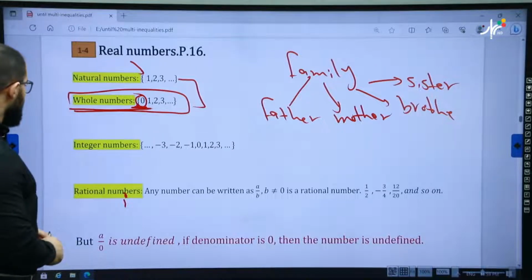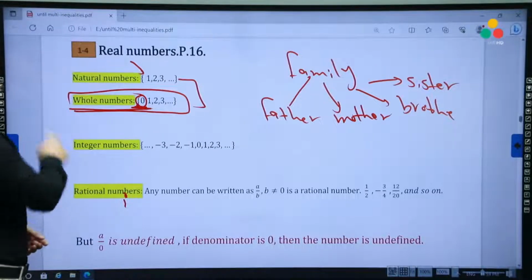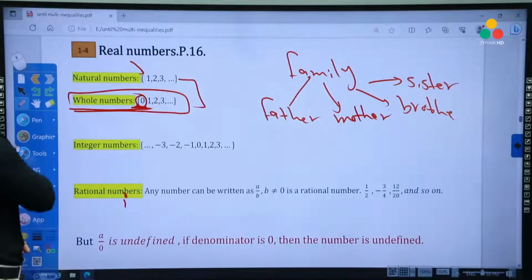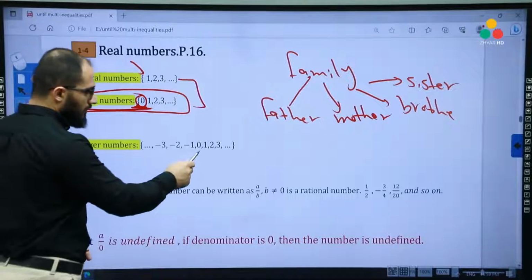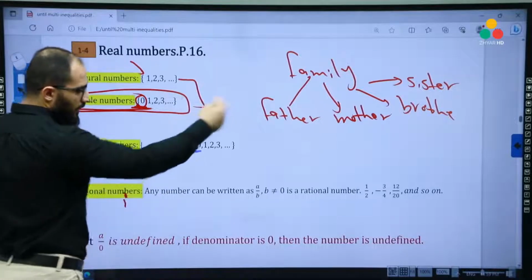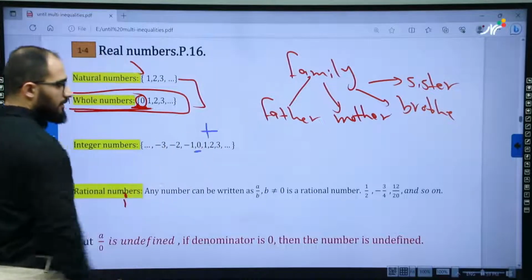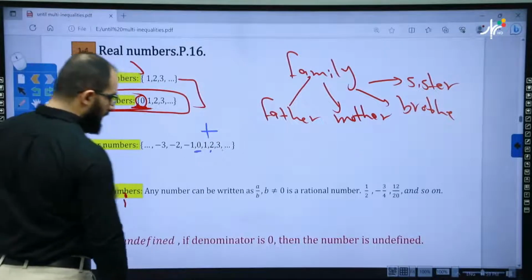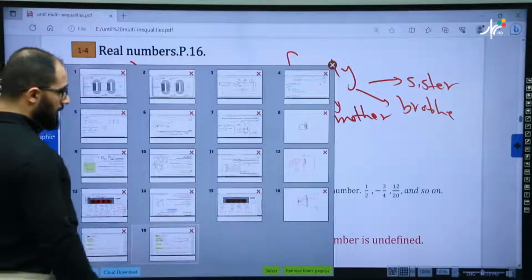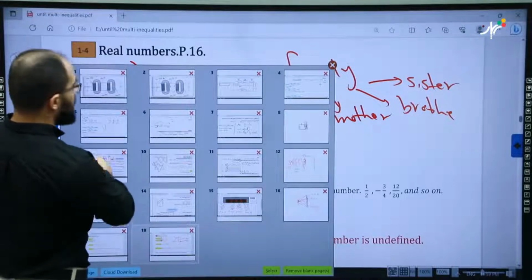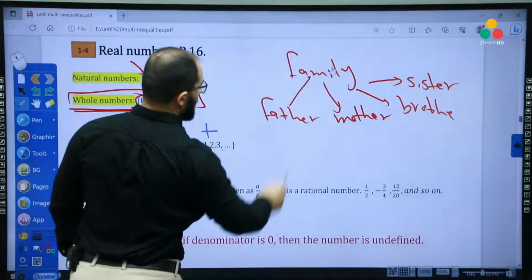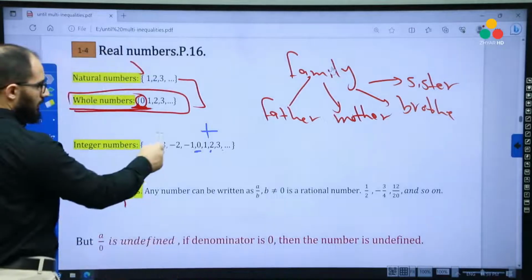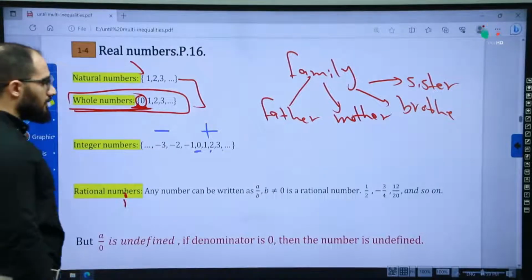And the next set is integers. For the integer numbers, we have 0, and also on the right side we have positive numbers 1, 2, 3, and so on. On the left side, we have negative numbers.